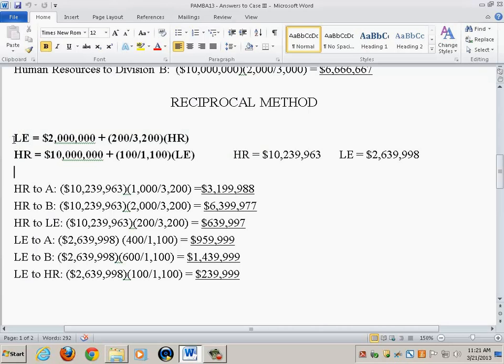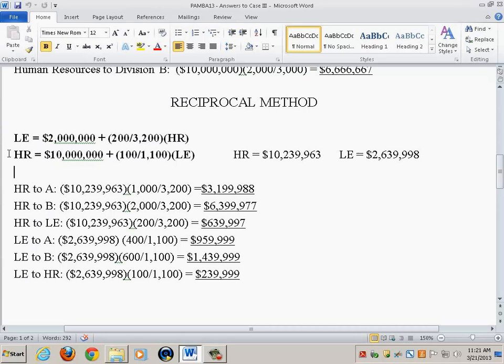You can start by substituting for HR in the first equation the expression of HR in the second equation. So you plug this expression for HR in the first equation, and then the first equation turns into one equation with one unknown, namely LE. You solve for the level of LE.